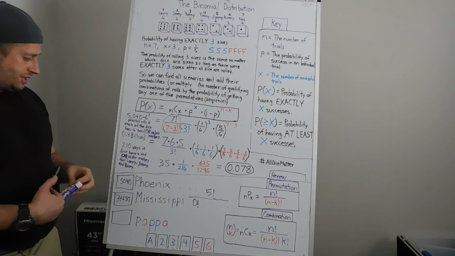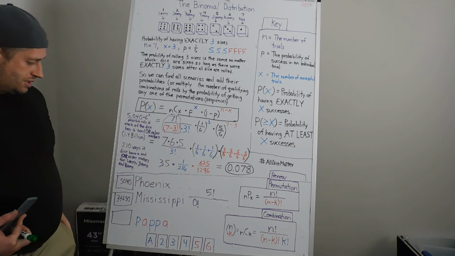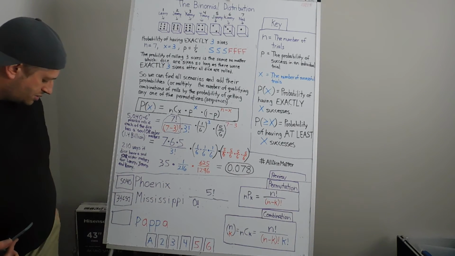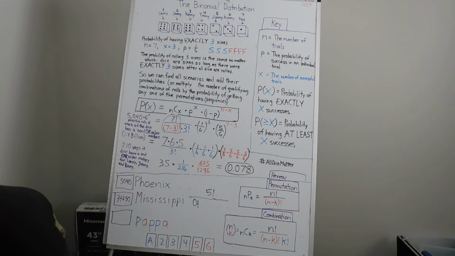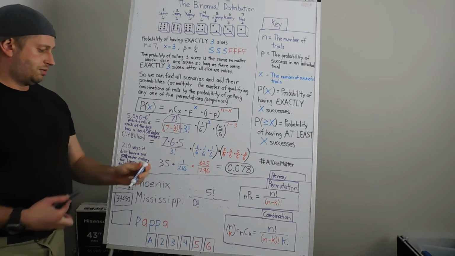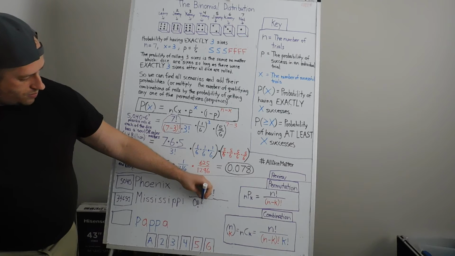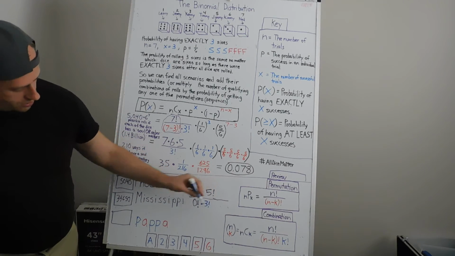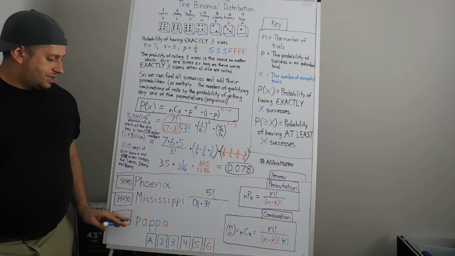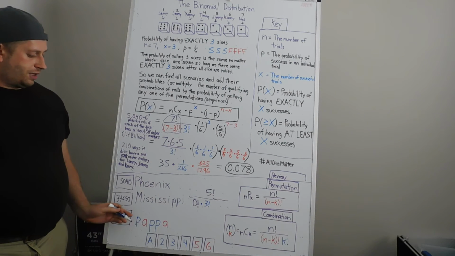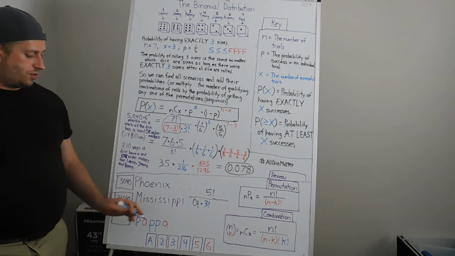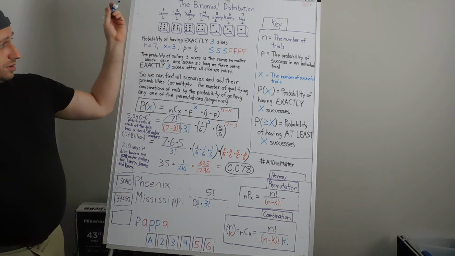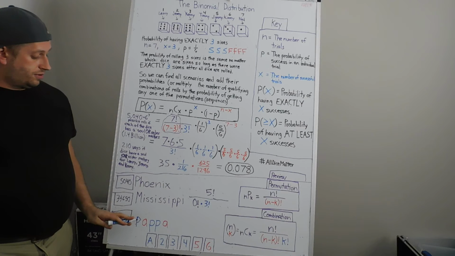Then we want to multiply by 3 factorial, because there are 6 ways to rearrange those 3 P's, or if you want to think about it as drawing those out, which we kind of basically do when we draw out the successes out of all the trials.